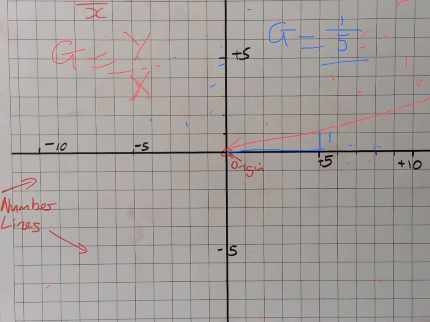Simple. Okay, what happens when it's a negative gradient? Let's just flip this over now. I'll leave that one there, we'll flip it over. If we take the reflection, that's the same thing, except we put the same numbers into the equation, but the only difference is that it's going to be 1 over 5 in a minus direction.